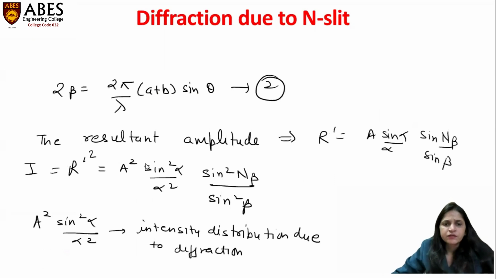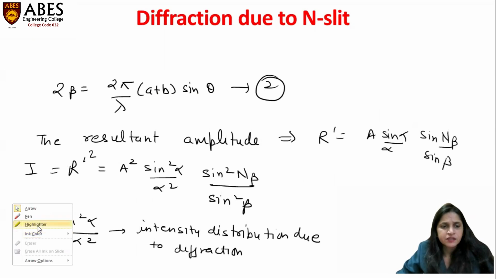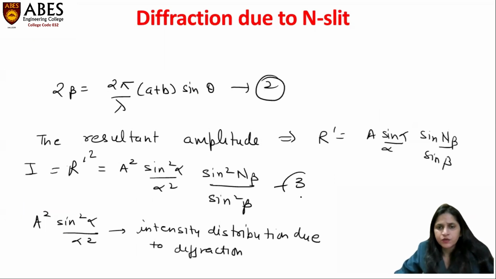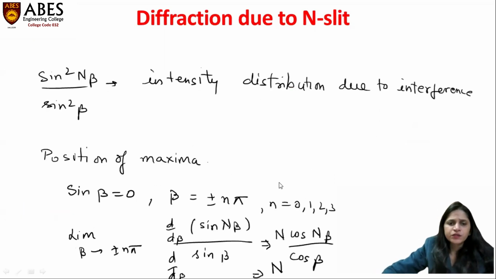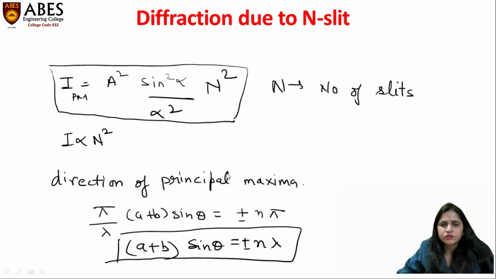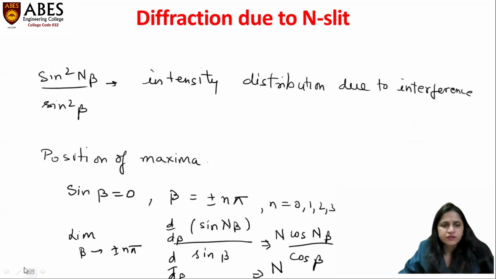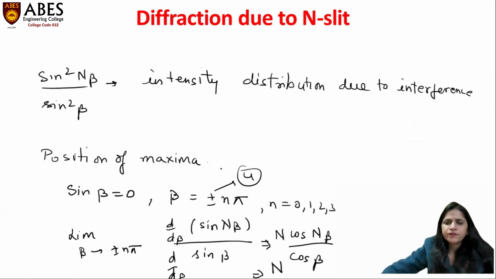Okay, let us mark the equation numbers. This is equation number 3. This is equation number 4, that beta is going to give us, let us mark the equation numbers, 4.